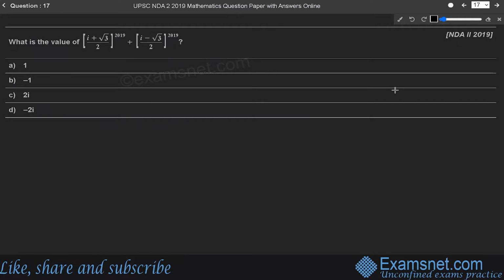Next question is, what is the value of (i plus root 3 by 2) whole power 2019 plus (i minus root 3 by 2) whole power 2019?